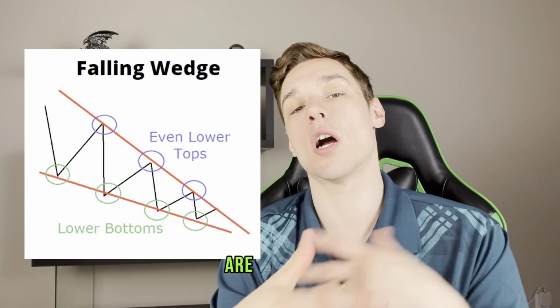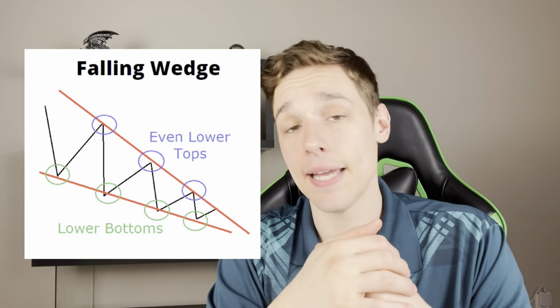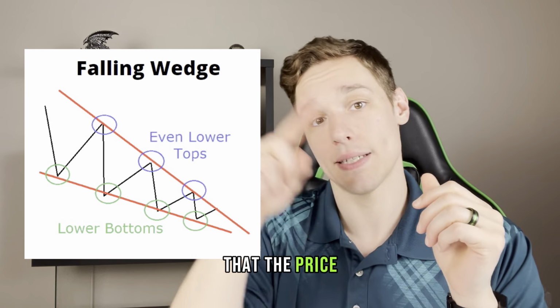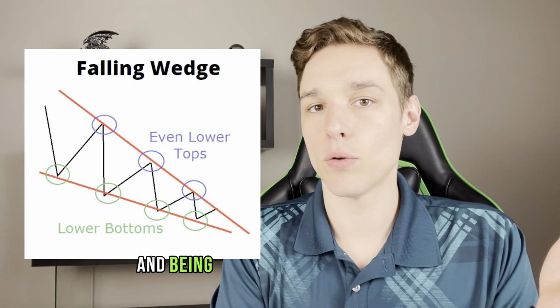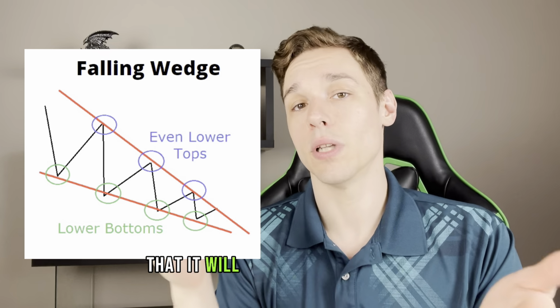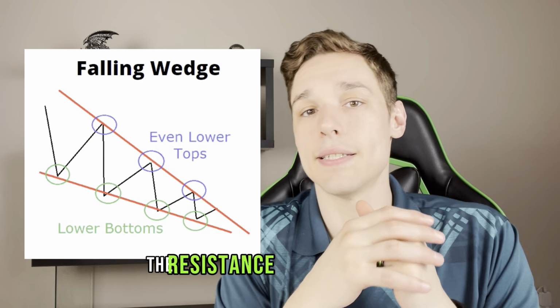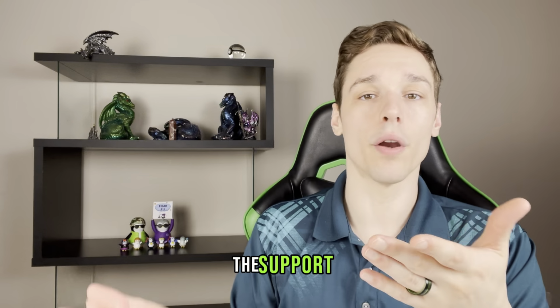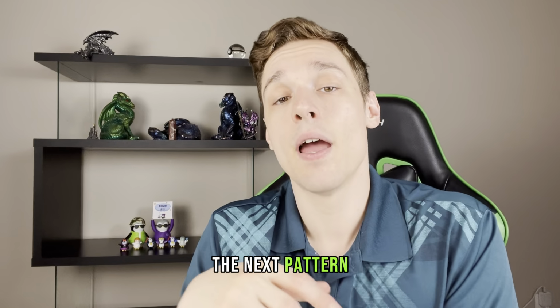Falling wedges are obviously the opposite in that they have descending support and resistance lines that the price bounces between, and being a reversal pattern means that it will likely break through the resistance levels eventually, whereas the rising wedge breaks through the support.